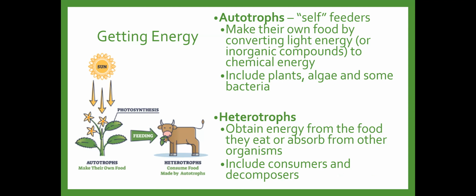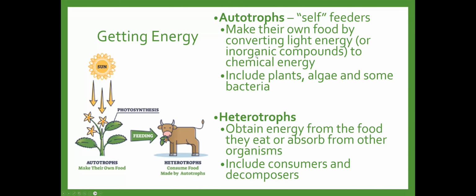Now, technically, there's two processes that autotrophs could use. The main way is the one that we're talking about today, and that's photosynthesis. A photosynthetic autotroph takes energy from light and converts it into chemical energy, those organic molecules, or food. There is another process called chemosynthesis, and we're not going to talk about it today.